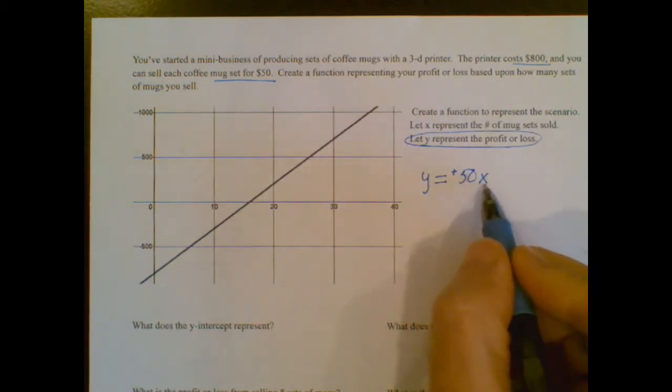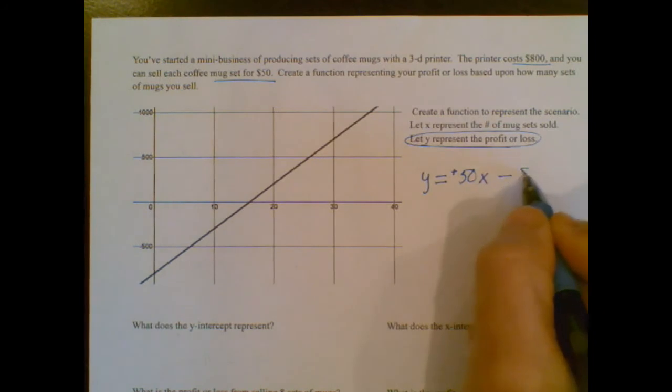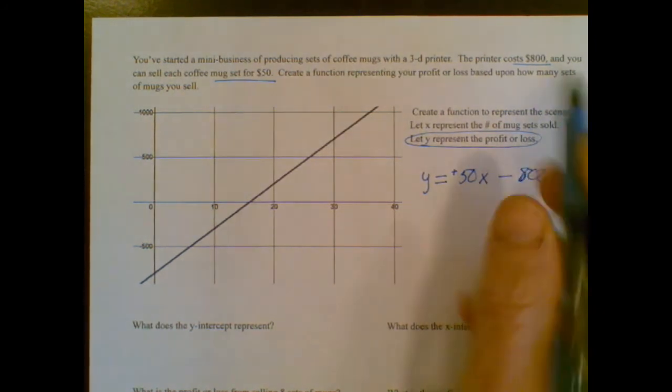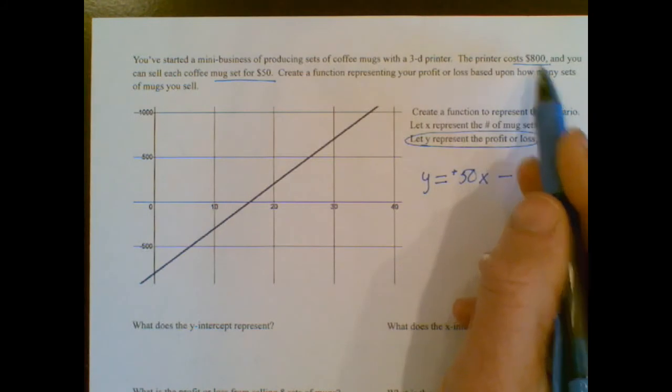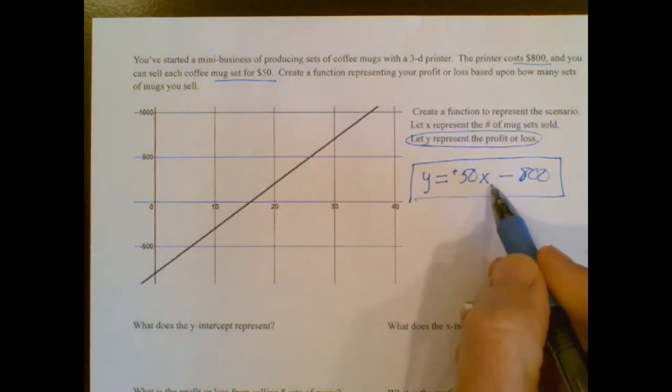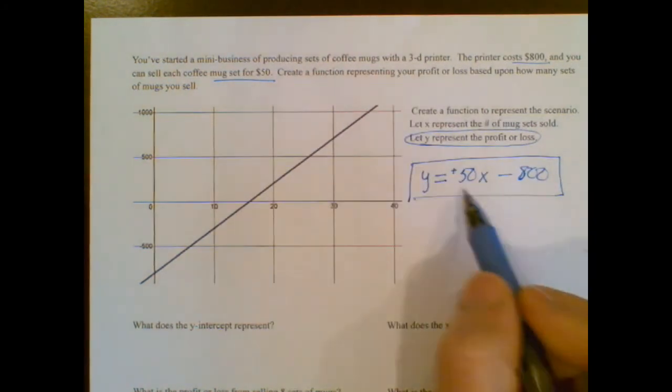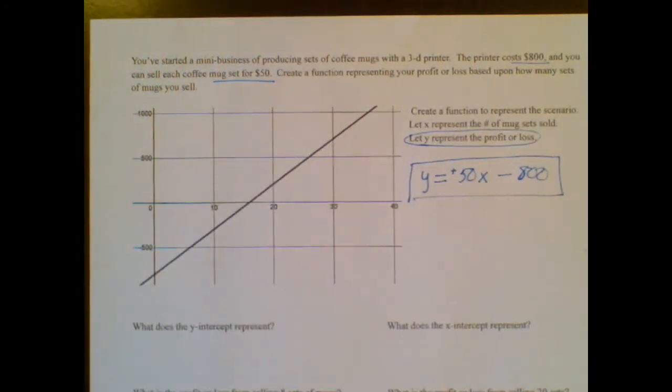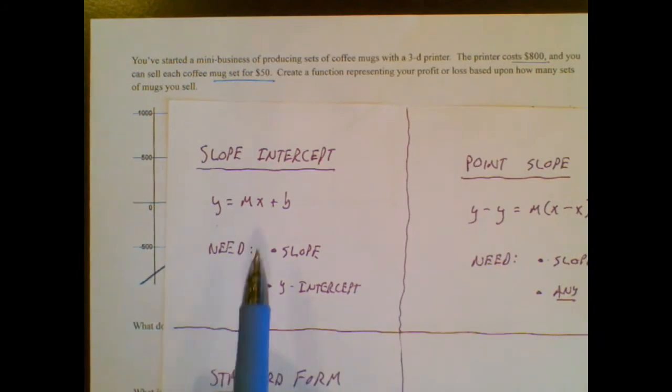That's $50 per mug set minus $800. That's the money that you had to put out of your bank account to buy this printer. And all of a sudden, we have math that represents a scenario. And it just so happens to align perfectly with slope-intercept form.